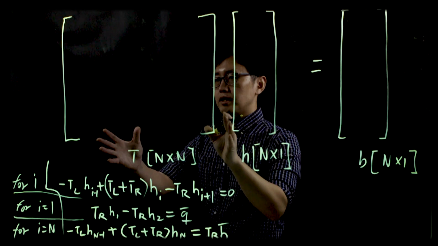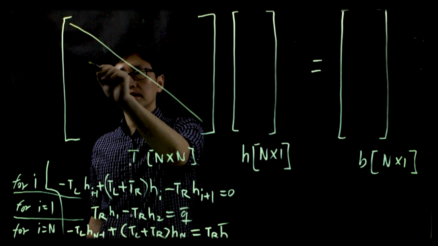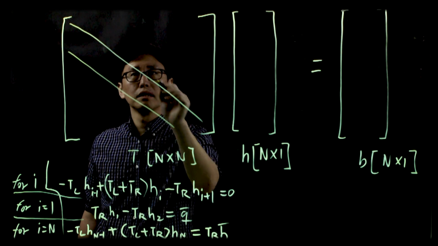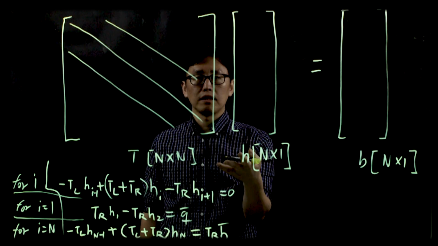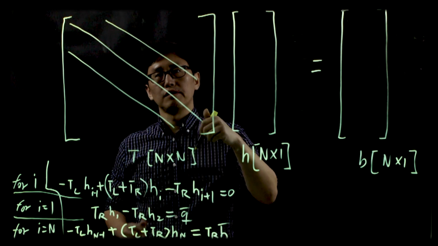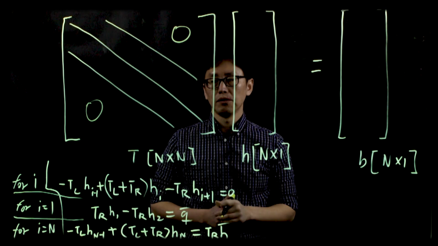And this transmissibility matrix T is a tri-diagonal matrix, which means there are 3 lines of non-zero elements in the diagonal direction, and the other elements of the matrix are all 0.